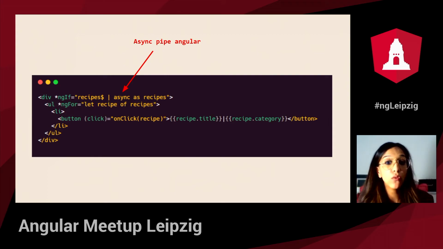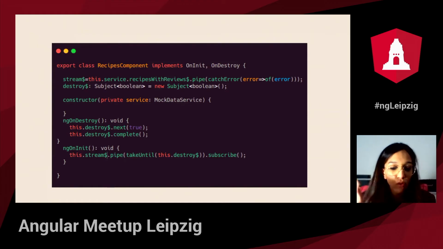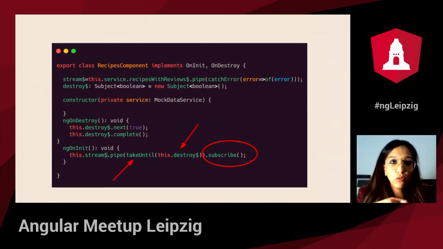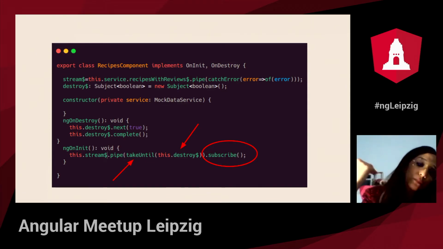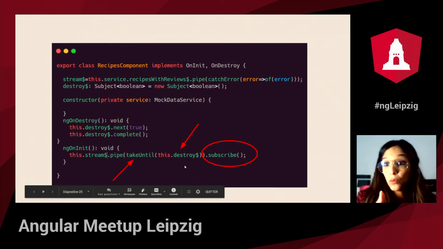For this case, if you don't have any choice and you should subscribe inside the component, then consider the takeUntil operator. The takeUntil operator will keep the subscription alive until the stream given as input completes. You can complete the stream whenever you want in your life cycle. Here in my case, I do it on destroy.